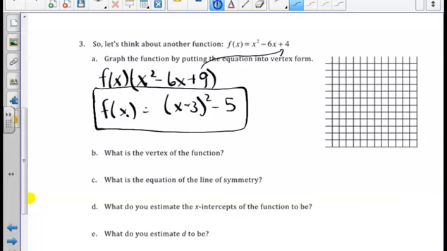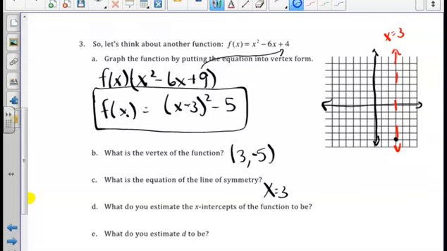The vertex in this case would be the point 3, -5. I'm going to come to my graph and graph the point 3, -5, which is here. The axis of symmetry goes right through the vertex, so the equation is the line x equals 3.